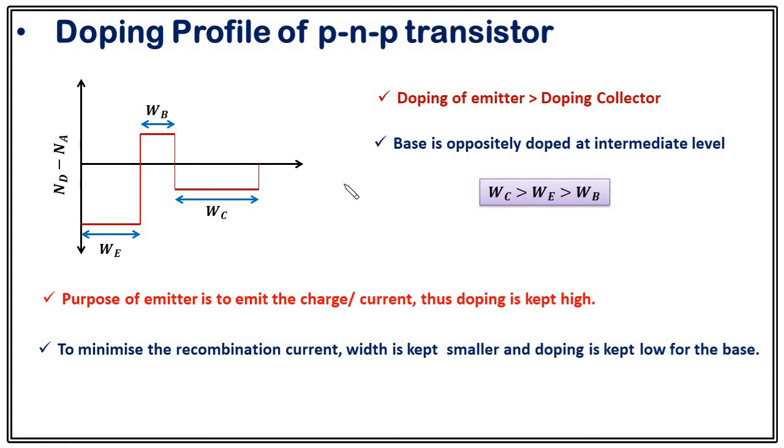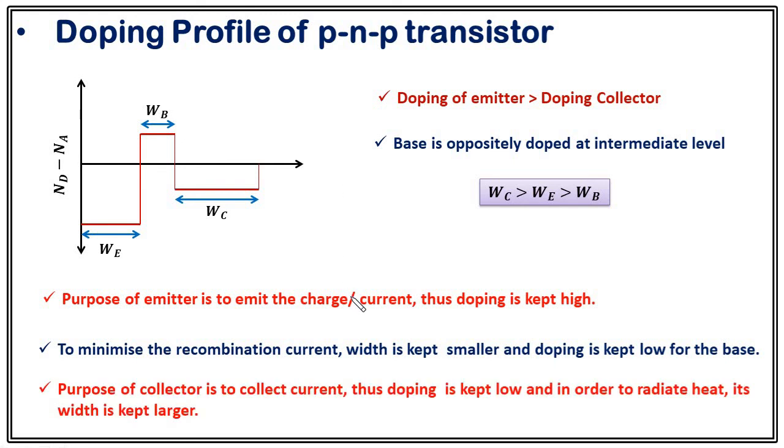To minimize the recombination current, we have to keep the width smaller, because the longer the electron spends in the base region, the larger the probability of recombination. So to minimize it, we can reduce its width, right? Also, we can reduce its doping so that the whole concentration will be smaller. As a result, the lifetime of the electron in the base will be higher. So to minimize the recombination current, we keep the width smaller and the doping is also kept low.